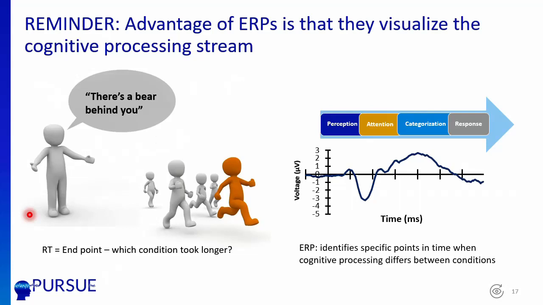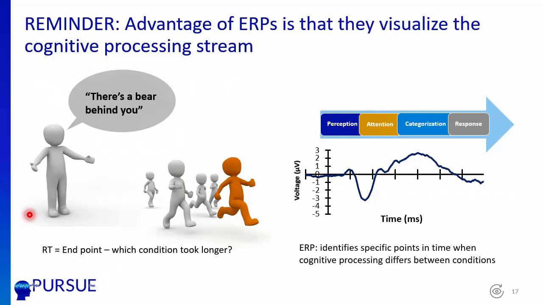The beauty of the ERPs is that we can collect not only the behavioral data, but we can also get detailed moment-to-moment changes in brain activity over time. And one of the strengths of this is we could have the same behavioral outcome, like the same accuracy, the same response time, but have multiple ways in which the cognition unfolds to lead to that same outcome. The ERPs would tell us that because they would diverge.